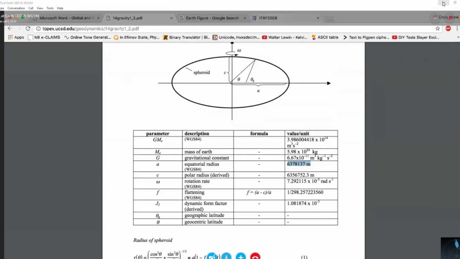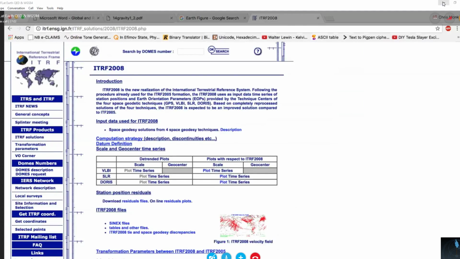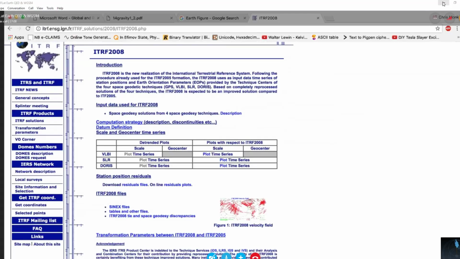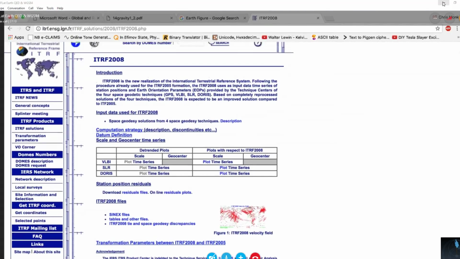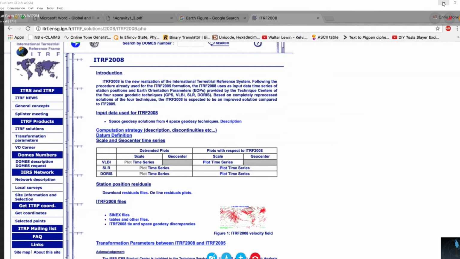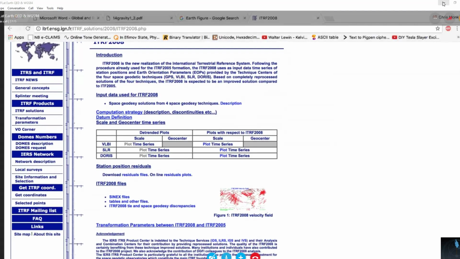And this one here, I think, references ITRF 2008, which is the International Terrestrial Reference Frame, essentially. ITRF reference frame. And you see that this one refers back to WGS84 standards again. And you end up with this.